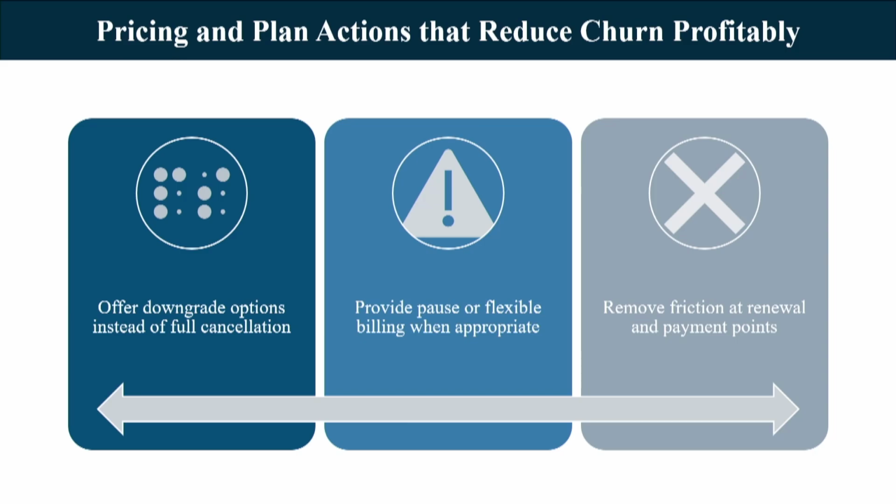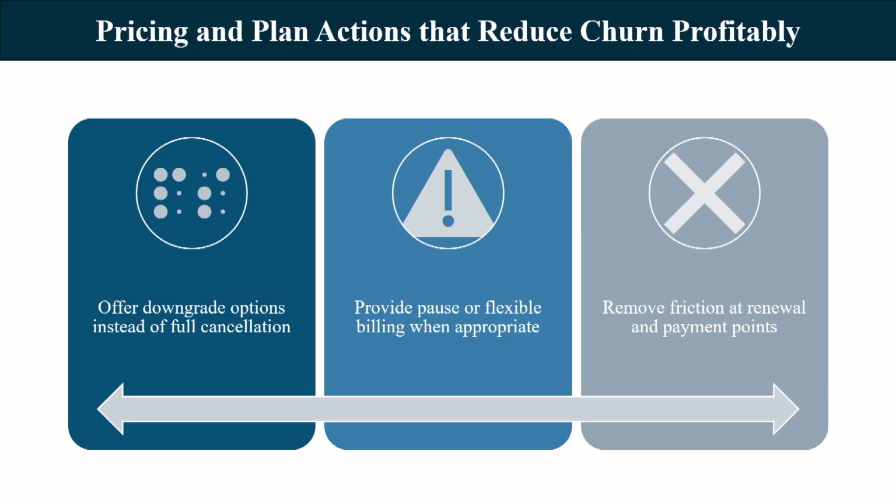Pricing and plan actions that reduce churn profitably. Some of the better options, rather than extending a discount to customers, can be this: let us say the customers are not using a product to its fullest extent, and the subscription is of premium type. Then instead of extending a discount, you give a downgraded version of this subscription that works perfectly fine for the customers.